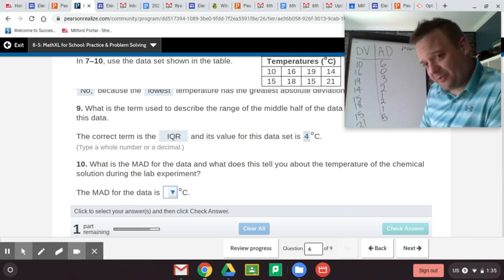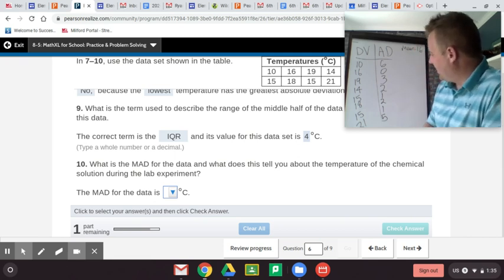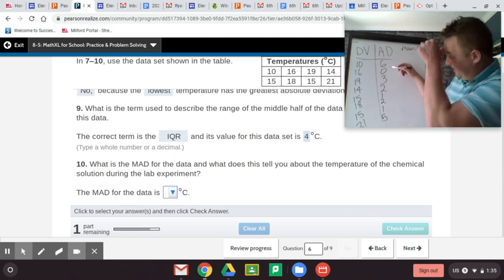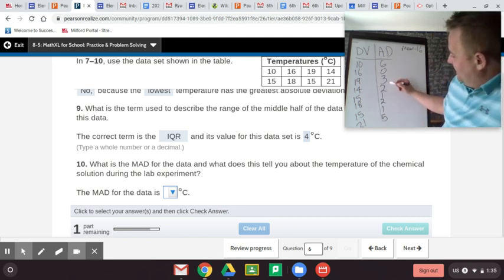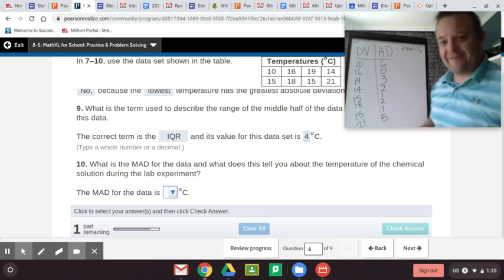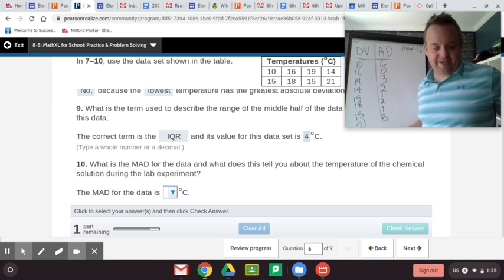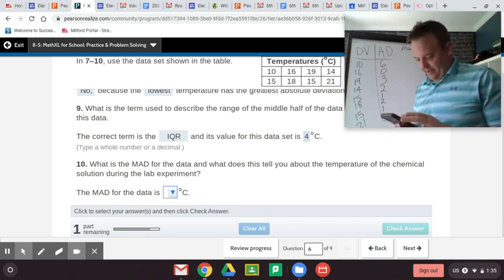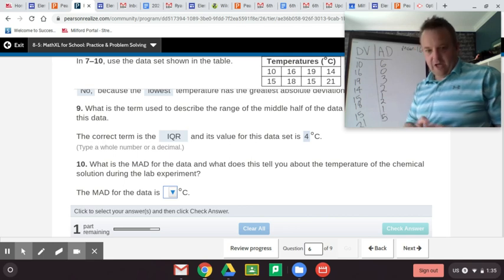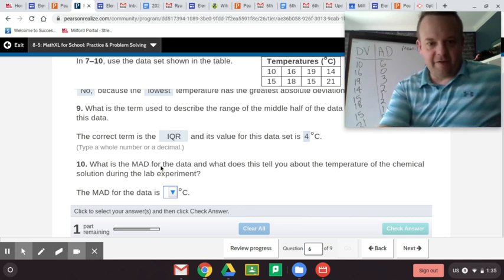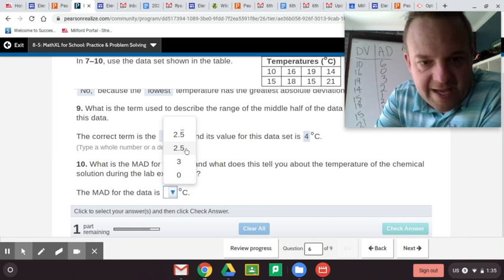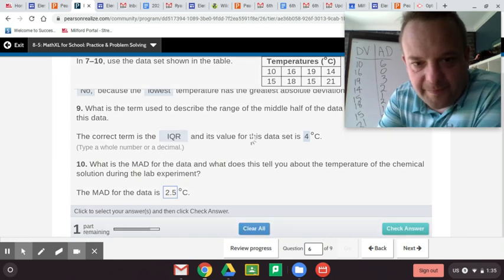Once you have all the absolute deviations, you add them up and divide by however many you have, which is 8. So the total is 20. 20 divided by 8, I'm just going to use a calculator for that, is 2.5. So the MAD is 2.5.